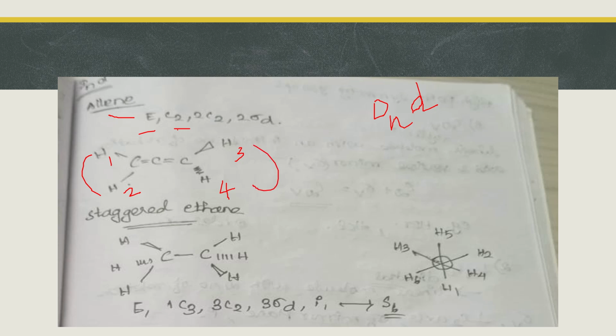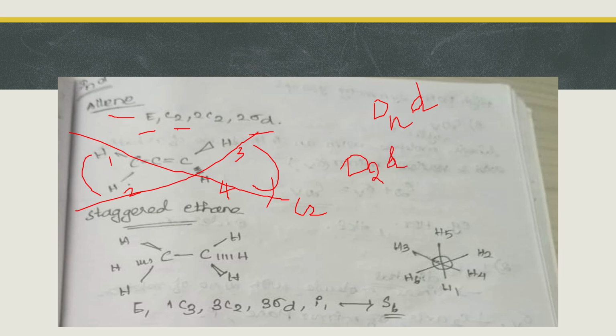So up to 180 degrees, we have the C2 rotation, and also it has 2 C2 axes like that. By this folding and also by this folding, we have the 2 C2 axes, and it has the dihedral planes. This is one dihedral plane, and this is another dihedral plane. So it has 2 dihedral planes. So this allene has the D2d point group.